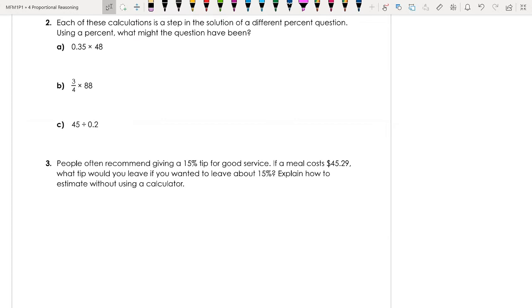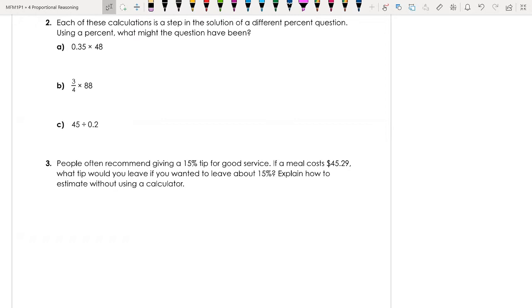All right, so we're going to start off with question number 2, which says each of these calculations is a step in the solution of a different percent question. Using a percent, what might the question have been? And so you should recognize this because we just covered the 3 kinds of percentage questions. And if you look at A, you can see we have 0.35 or 35% times 48.